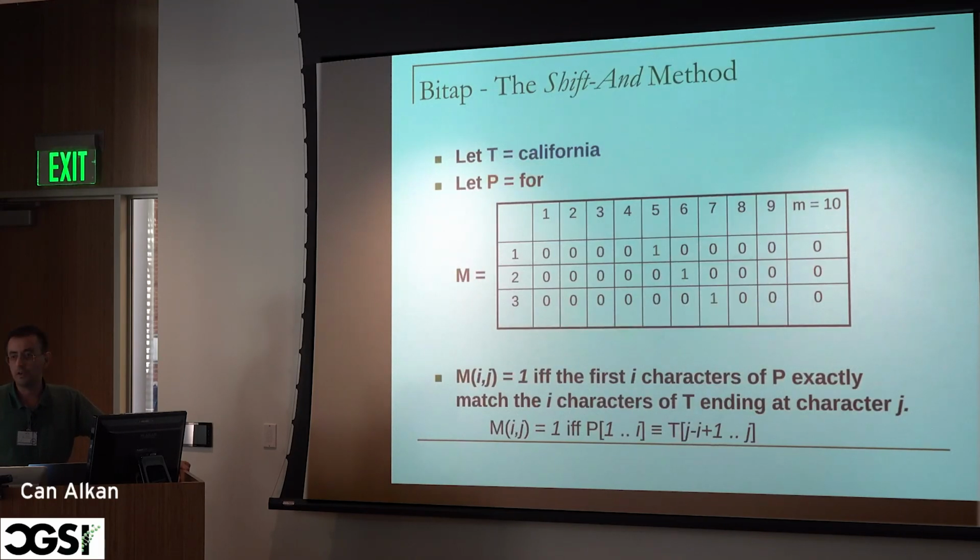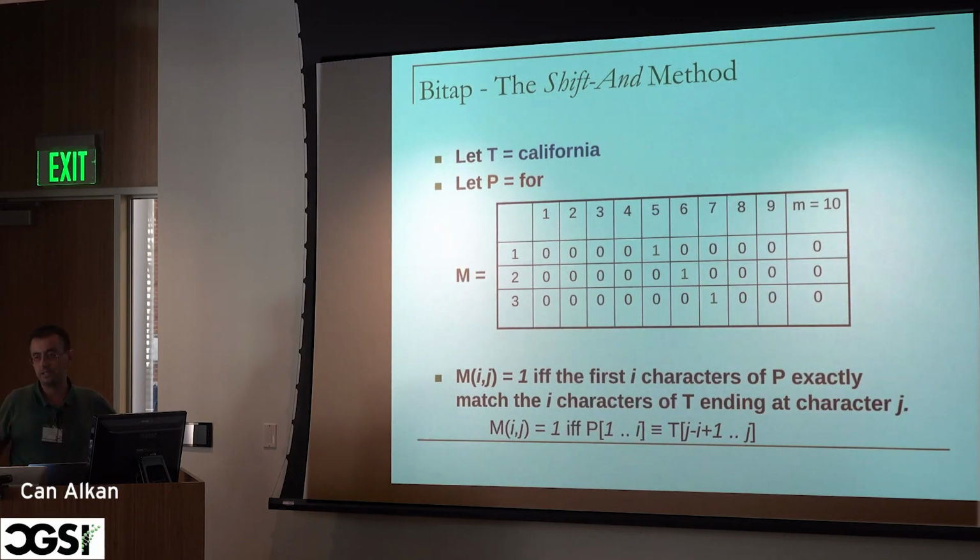Okay, if you haven't taken introductory bioinformatics courses, the shift-and or Bitap method is available in all of Pavel Pevzner's textbooks. I think I stole this slide from you. So when we have a text and a pattern, here the pattern is 4 and the text is California. What we do is generate this bit array or bit table.